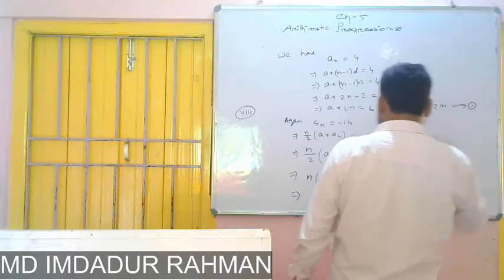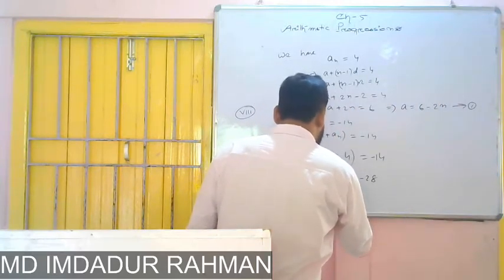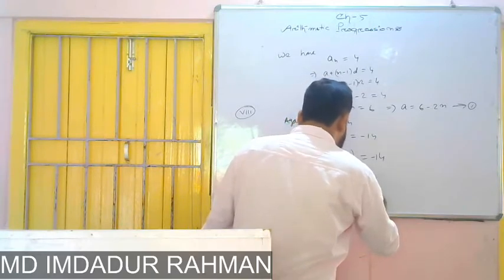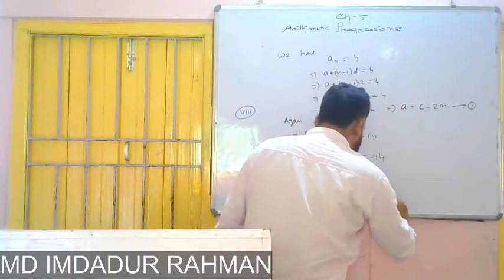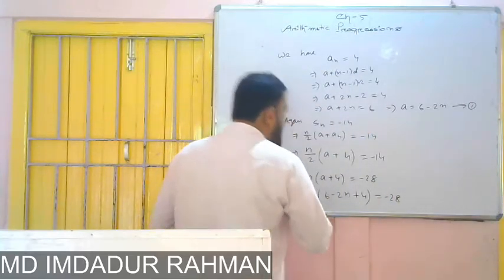This was equation number 1. Put this value here: n into 6 minus twice n plus 4 is equal to minus 28. Now you will get n.